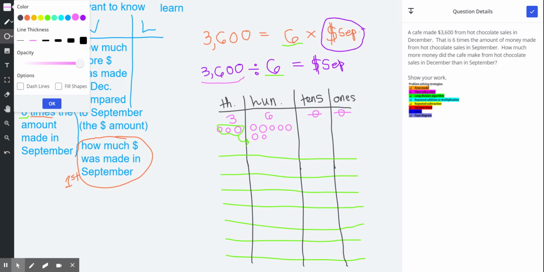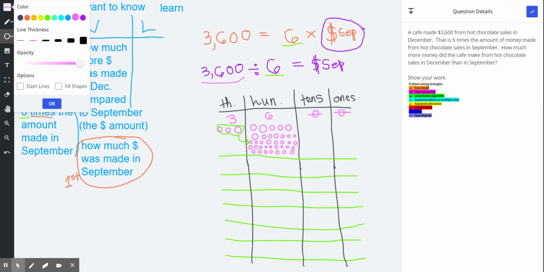All right, so 1, 2, 3, 4, 5, 6, 7, 8, 9, 10, 11, 12, 13, 14, 15, 16, 17, 18, 19, 20, 21, 22, 23, 24, 25, 26, 27, 28, 29, and a 30.